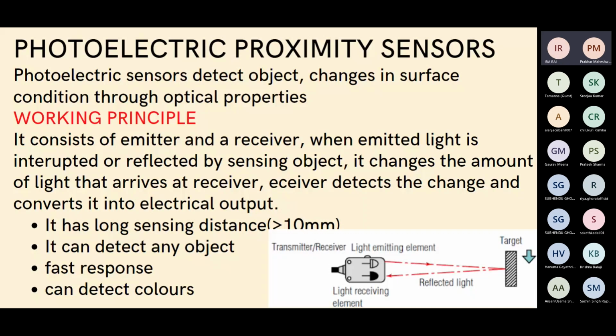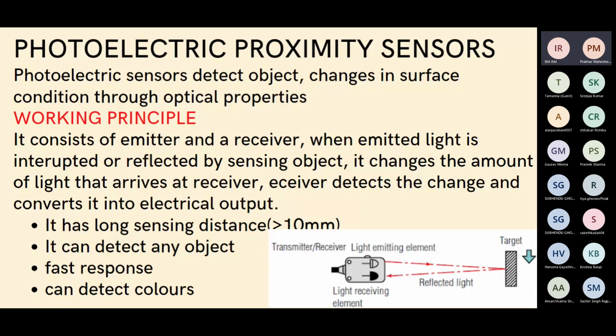Some of the pros we have for these sensors are, it has long sensing distance, that is greater than 10 mm. It's comparatively long, and it can detect any object. The detection is not limited to some specific objects, like we'll study further. The inductive proximity sensors can detect only metal objects.